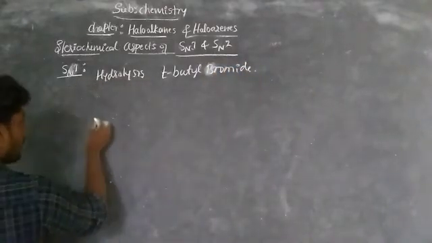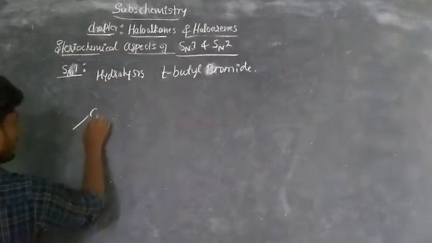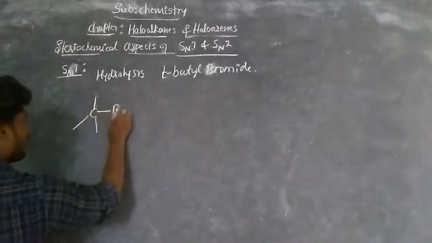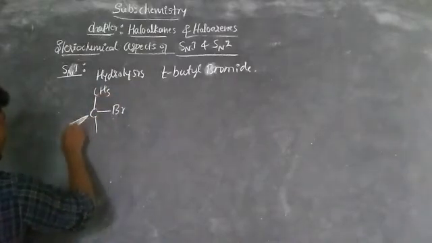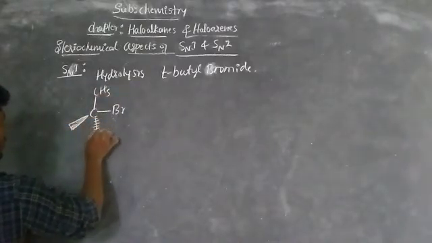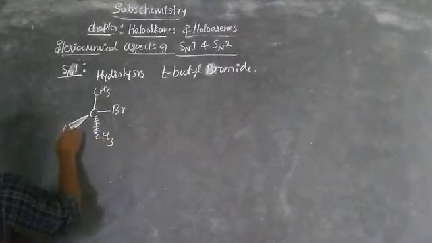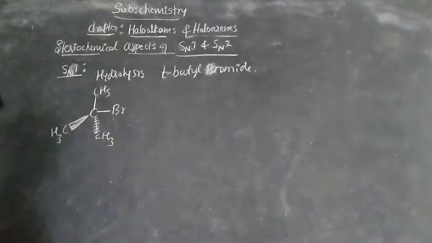Write tertiary butyl bromide: C, 3 methyl groups and 1 bromine. CH3, one is above the plane and one is below the plane, CH3. So this is tertiary butyl bromide.